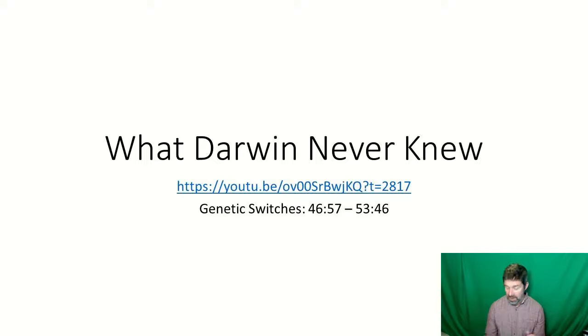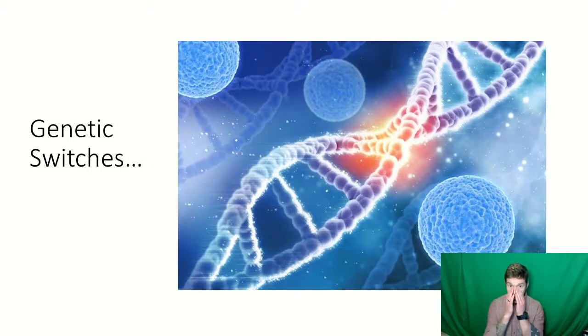How does that work? Well, ultimately, it's going to work based on the idea of switches, right? So you can have information to build something biologically, or in any case, physically, but if you don't turn on the information to be processed, it doesn't get built, right?